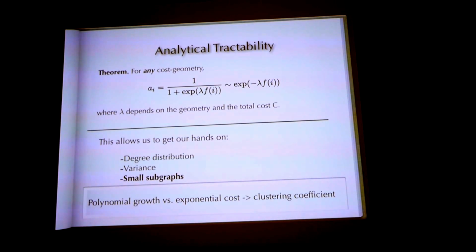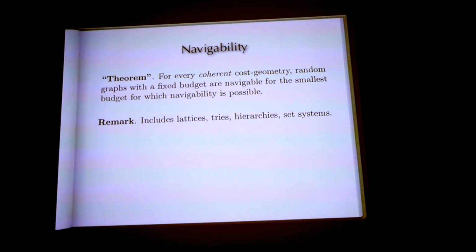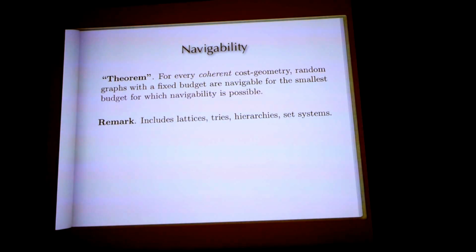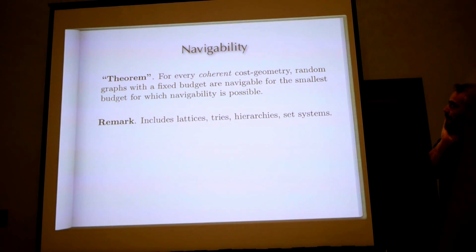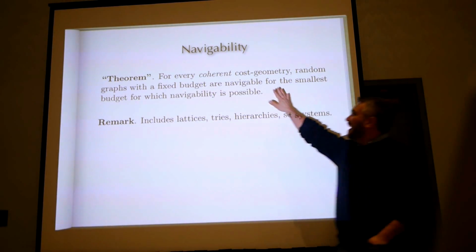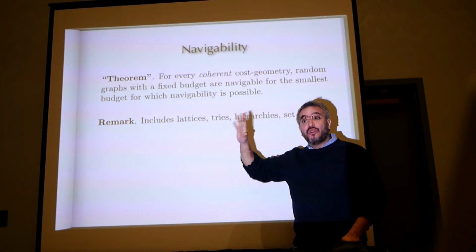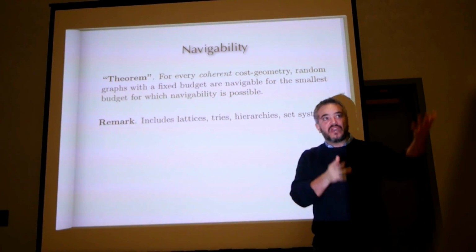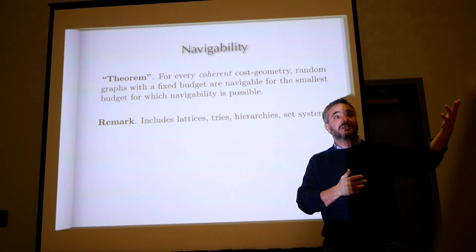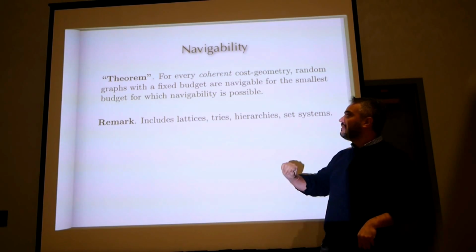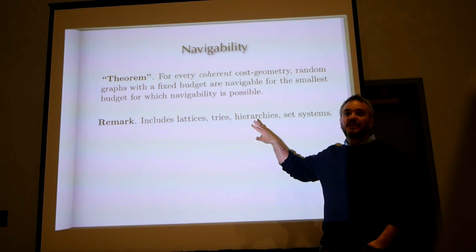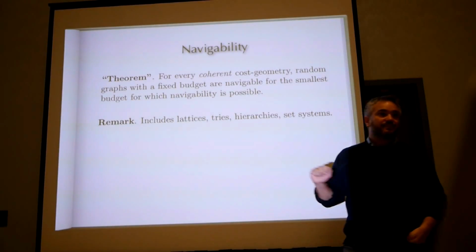Another thing is, you can get control at a level that, to us, was quite unexpected. So here's the theorem. If you have a coherent cost geometry, which I will not define, but it sort of means that you have some kind of information gradient like you had in the grid. In particular, our definition of coherence includes every known model for which navigability has been studied.